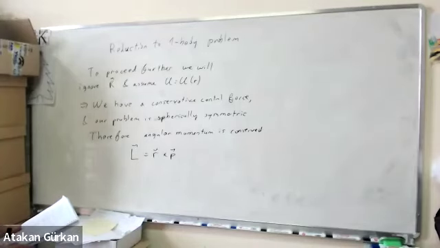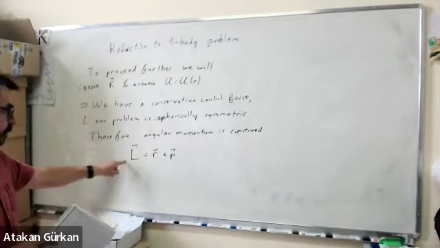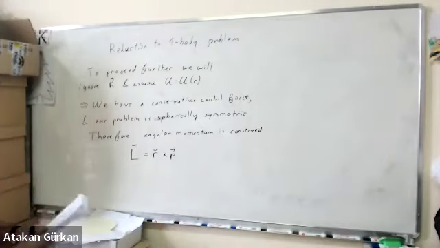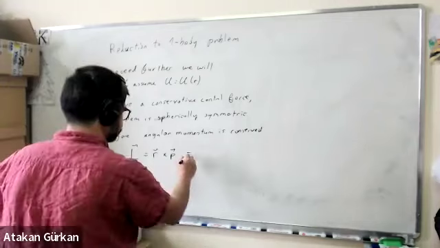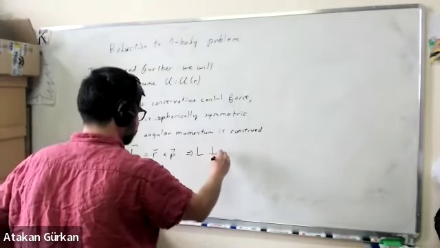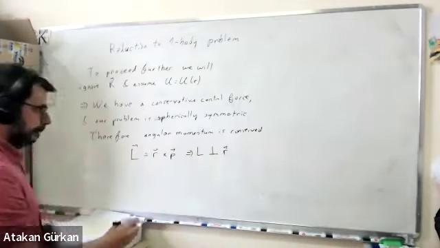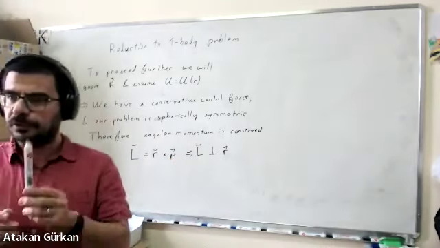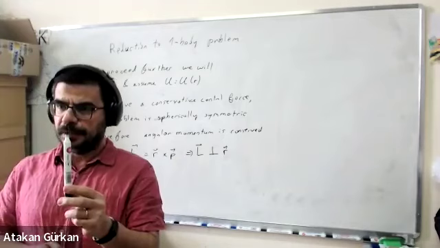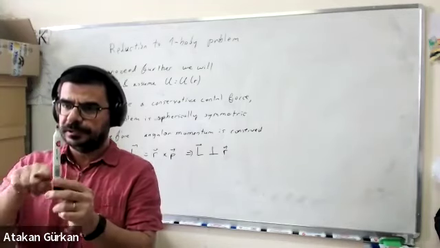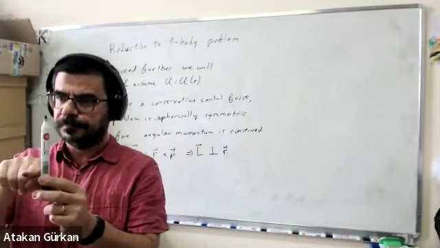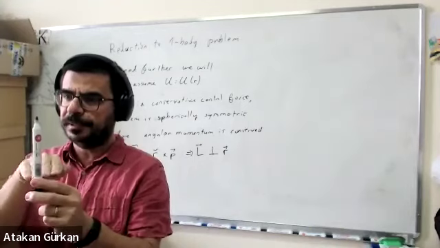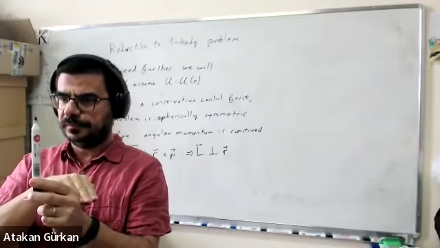Now, this is a conserved vector, and L is perpendicular to R. Now, what does this tell you? You have a conserved vector in space, and your position vector is always perpendicular to this vector. So it must lie in a plane that's perpendicular to this vector.